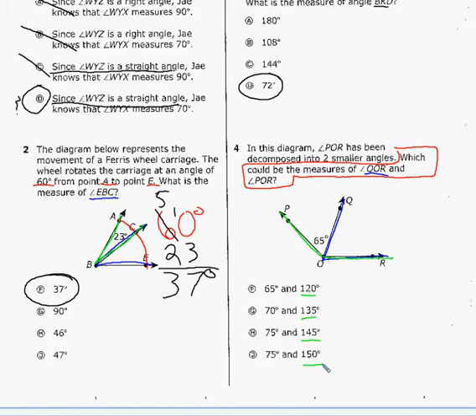That's my PORs. And what I'm trying to find out is QOR. So basically, if I add this right here to this, it needs to equal that. So that's what we'll do.